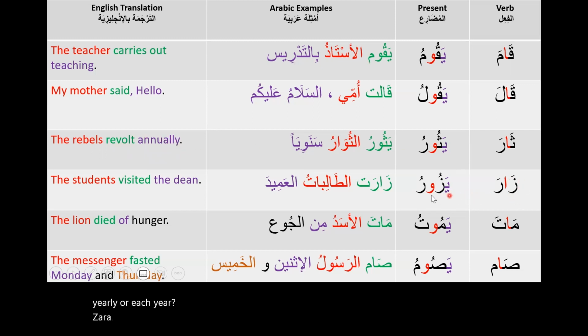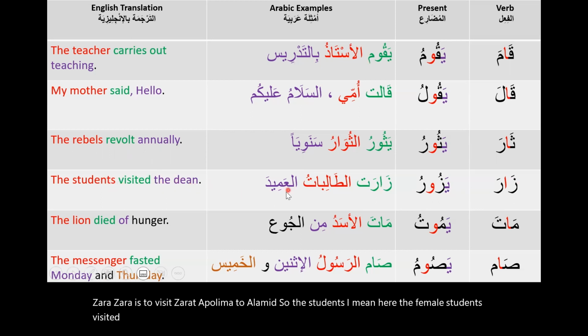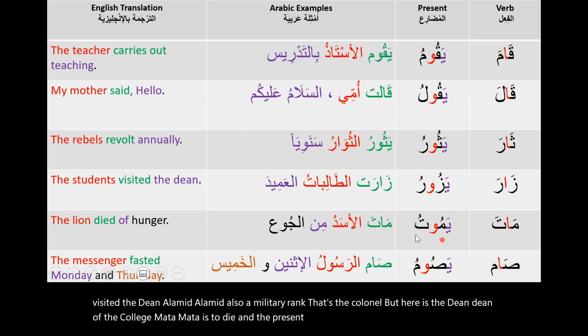زار is to visit. زارت الطالبات العميد. So the students, I mean here the female students, visited the dean, al-amid. Al-amid is also a military rank, that's the colonel, but here it is the dean of the college. Mata is to die, and the present tense is yamut. Mata al-asadu min al-ju'.